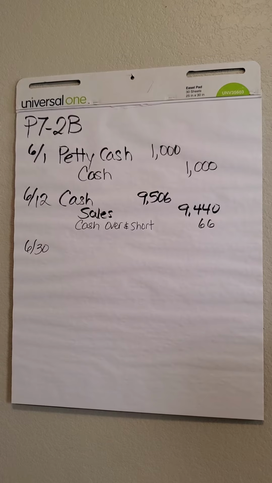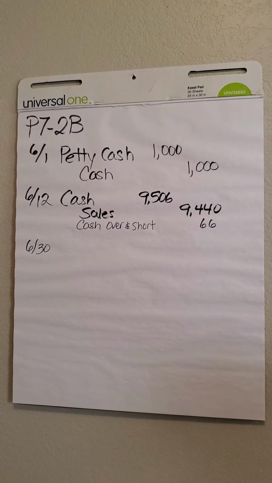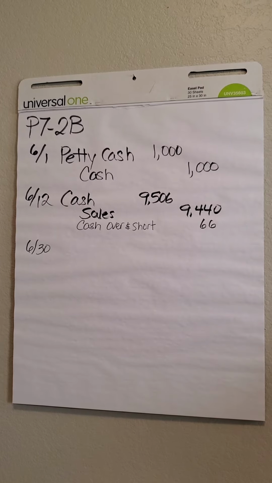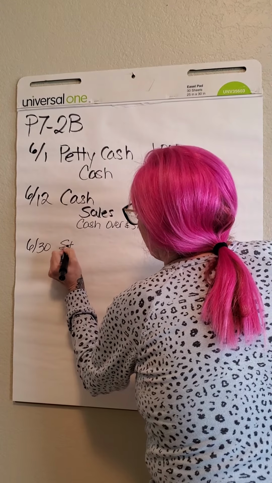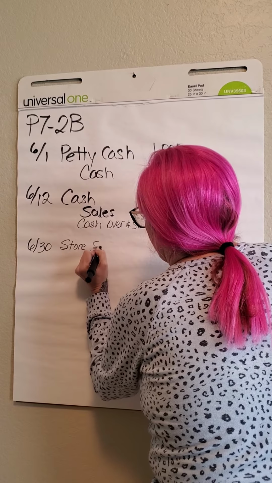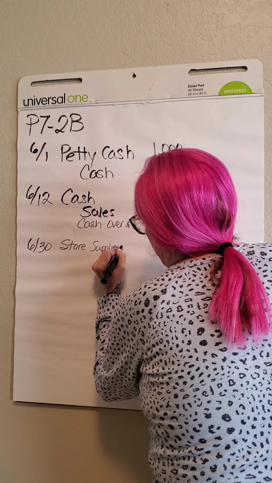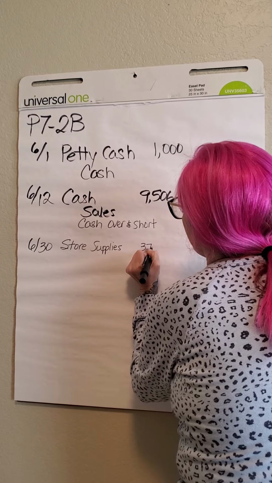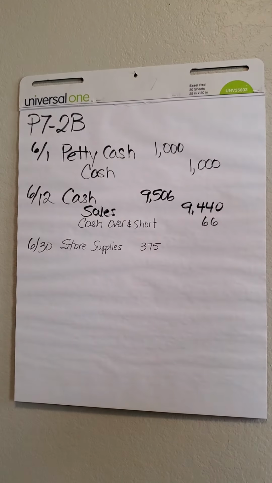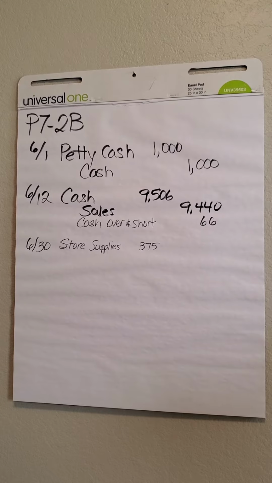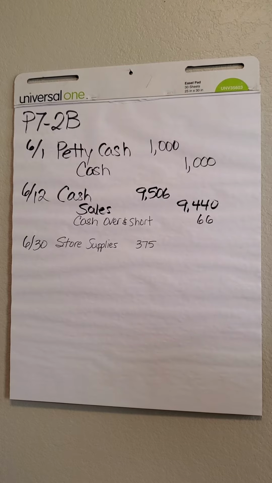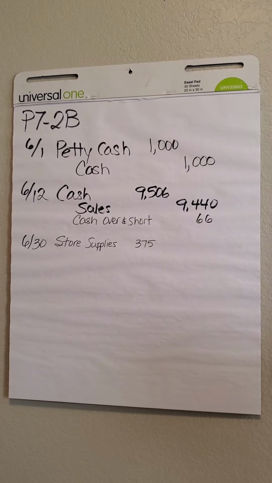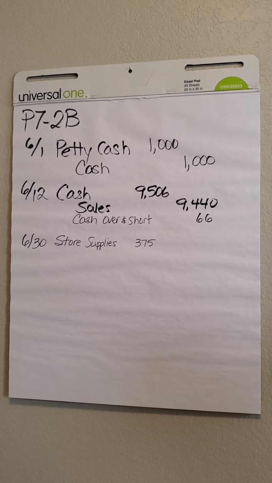On June 2nd, we purchased store supplies for $375, so we debit store supplies for $375. The petty cash custodian has given all the receipts they have for the accounting period and has asked to be paid back. So we've got the store supplies from the second.